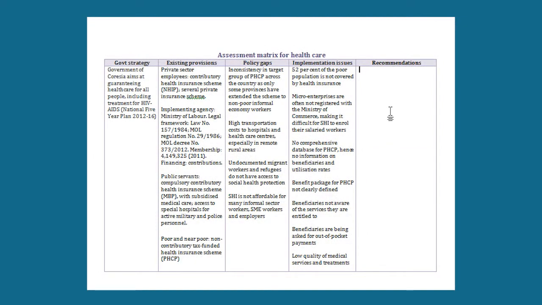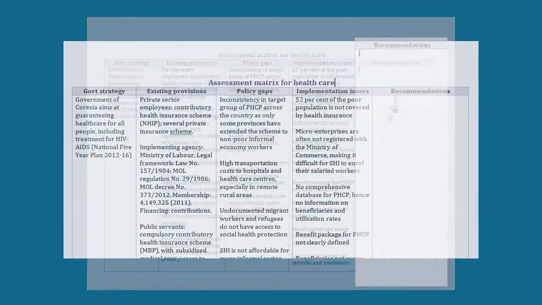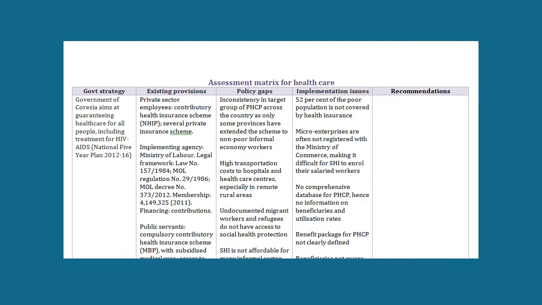Once the gaps and implementation issues have been identified, we go to the last column of the assessment matrix, the recommendations. For this column, we define each recommendation so that it addresses these gaps and implementation issues. In Croatia, the first policy gap, which is the PHCP target group definition not being consistent throughout the country, can be converted into a recommendation to extend PHCP to informal economy workers and their dependents in all provinces in the country.